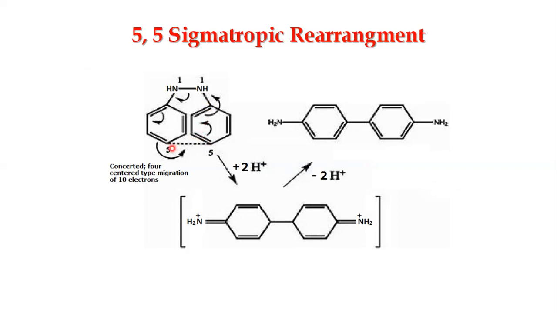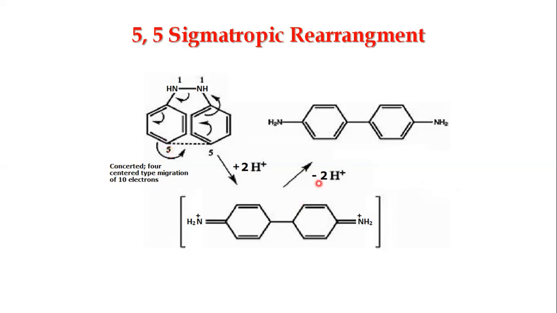So the covalent bond is to be formed between carbon number 5 of this ring and carbon number 5 of this ring. You can see here in this intermediate.